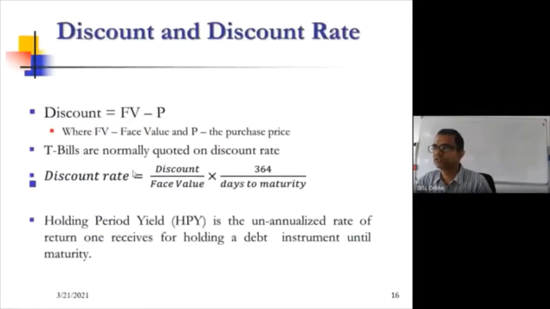So this equation we discussed, and one new term is here, holding period yield. That is the rate of return, but without annualizing it. Say if it is for 10 days, what is the rate of return for 10 days? But very rarely we use that. We use the annualized return.